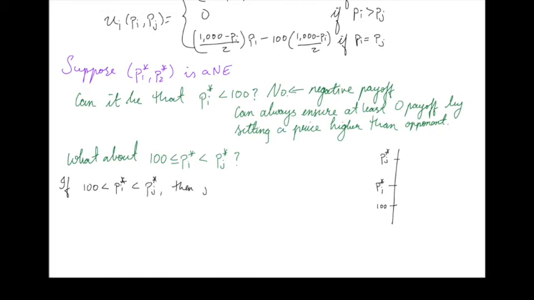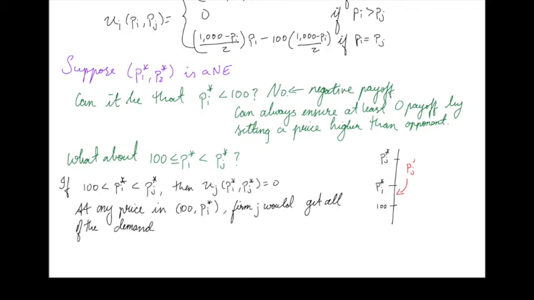J's payoff is 0, because they have the higher price, firm I has a lower price, firm I gets all of the demand, and firm J gets no demand. If firm J were to pick some price in here, let's call it PJ prime, then firm J would have a strictly higher profit than 0. So at any price in the open interval (100, PI star), meaning the boundaries are not included, so anything strictly higher than 100 and strictly lower than PI star, firm J would be undercutting firm I and would get all of the demand.